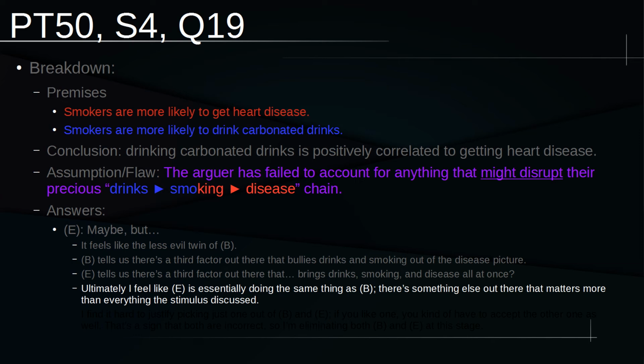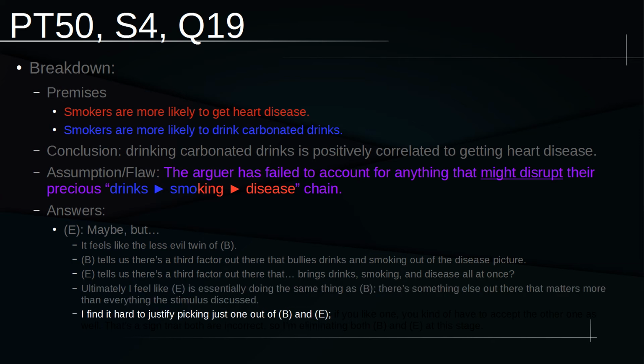So to me, they're really the same thing, whether it's this third factor that is specifically labeled as more significant, or this third factor that is more significant because it simply explains everything. B versus E, the logical consequence, I think, is the same. So I find it hard to justify picking one out of those two options.